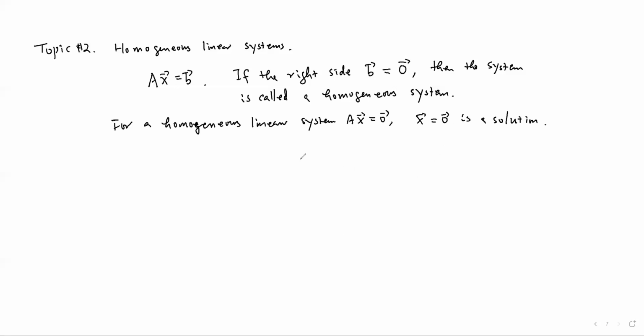Plugging zero in for X, A times zero is of course zero. So zero satisfies the equation. Zero is a solution, so a homogeneous linear system is always consistent.